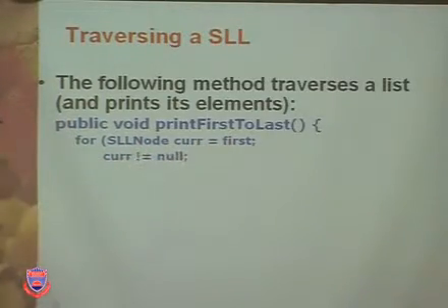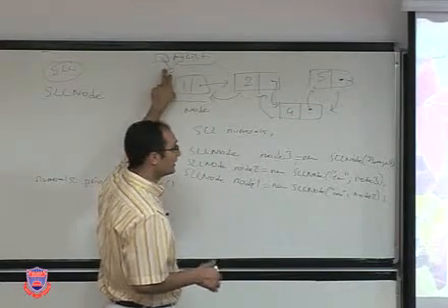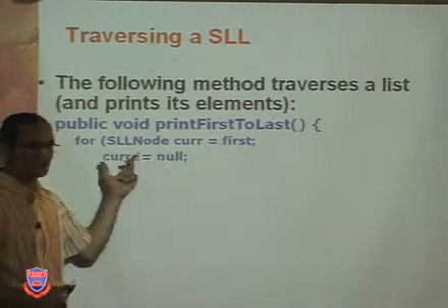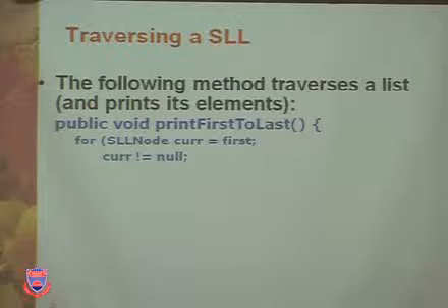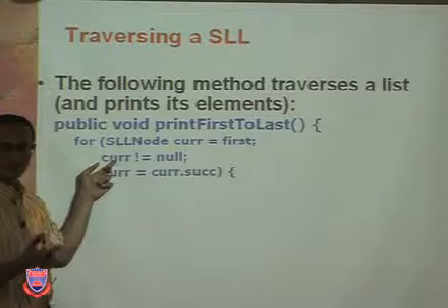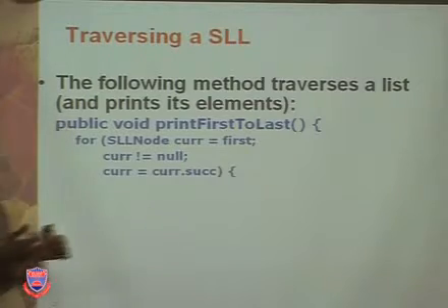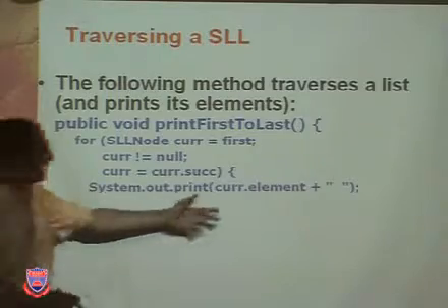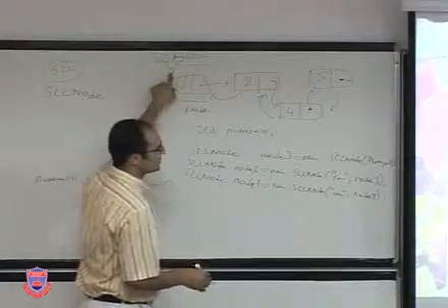So I start with the initial first header, which is the starting point for my loop, as my current is equal to first. Current is not equal to null, so this is the continuing condition. If current is not equal to null, I will continue, right? And then every time after I'm done with the current iteration, I will get the current successor, which is the next element. Okay? So basically what you do, you'll then System.out.print current dot element, and then you put a space. So you will start with the first element, which is initially first.